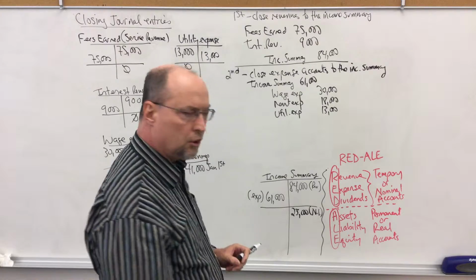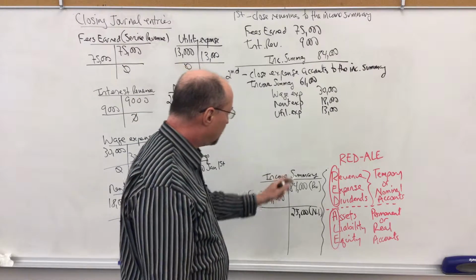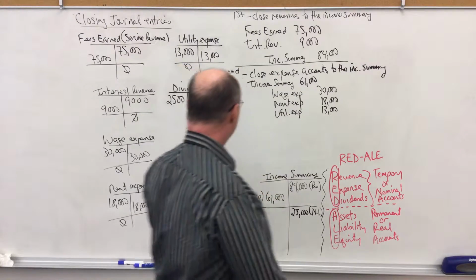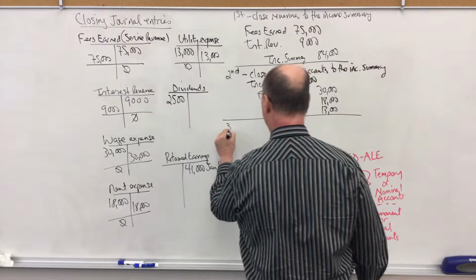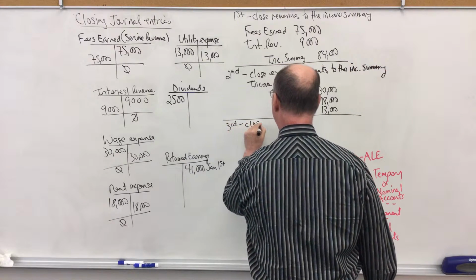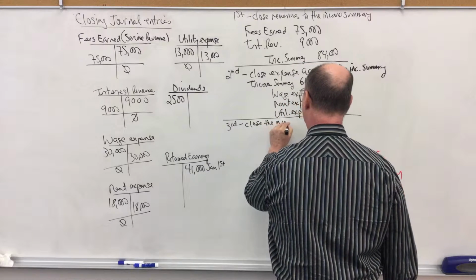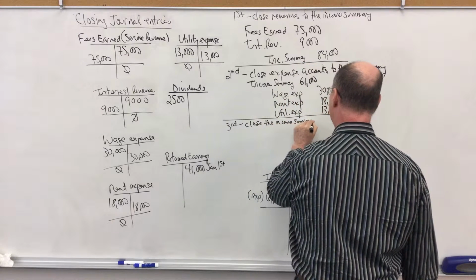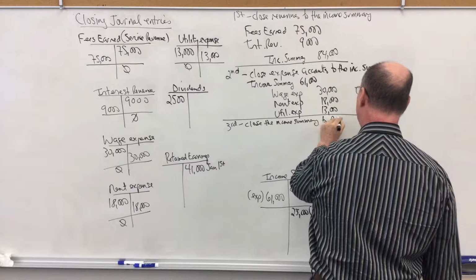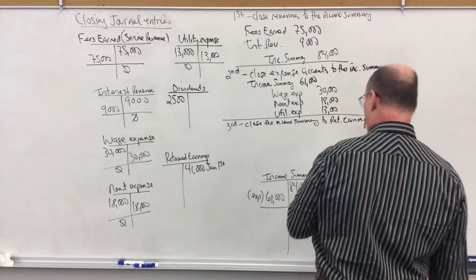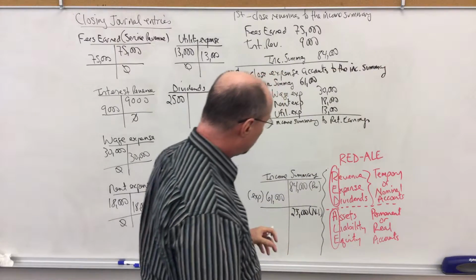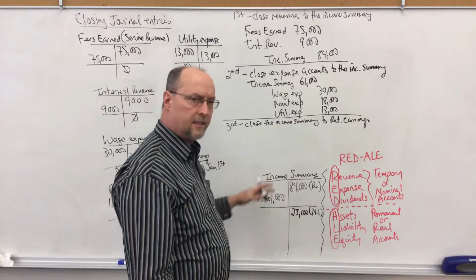Okay, and that's our third closing entry, to close out the income summary to retained earnings. The income summary doesn't really see a whole lot of activity.